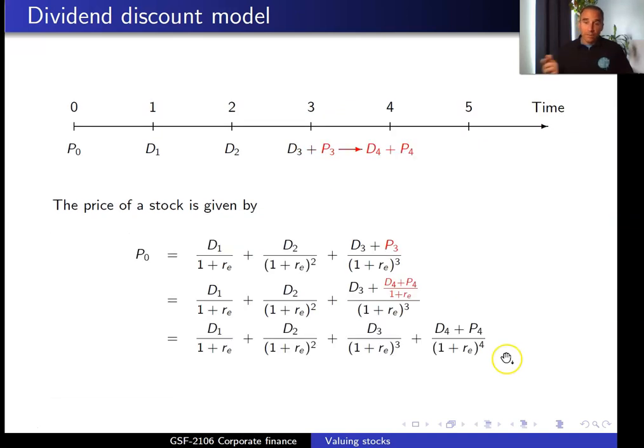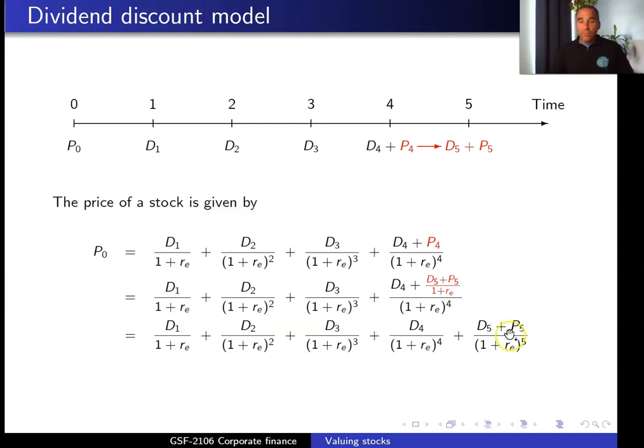And so on. P3 is D4 plus P4 discounted over 1 year. So the price at time 0 is the sum of the next 4 dividends discounted over the appropriate number of periods, plus the expected price at time 4 discounted over 4 periods.